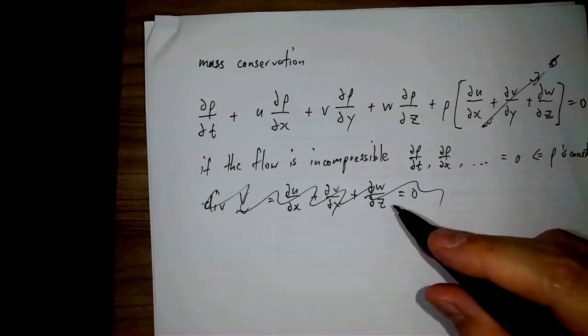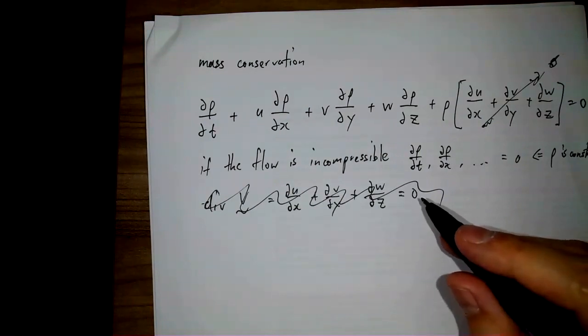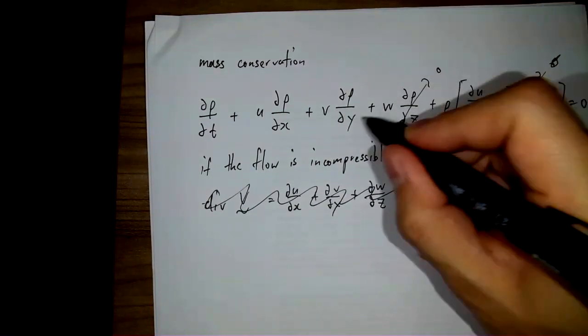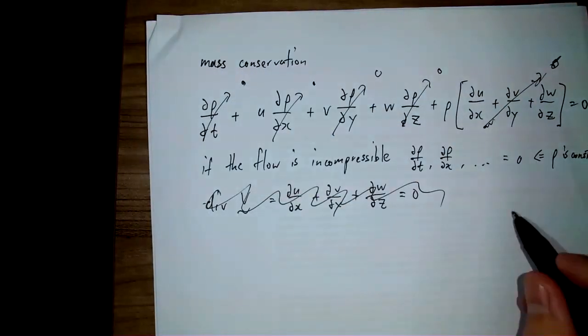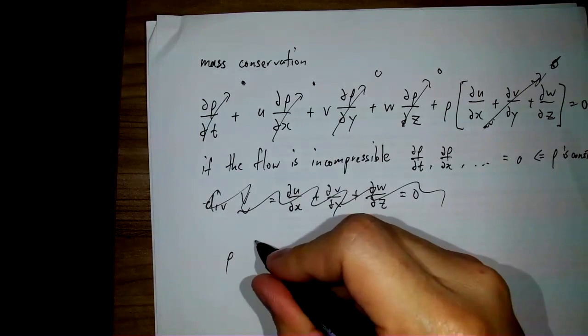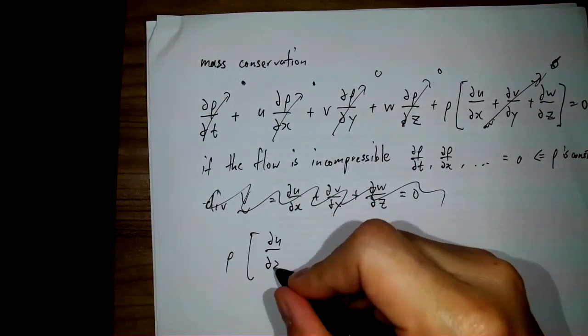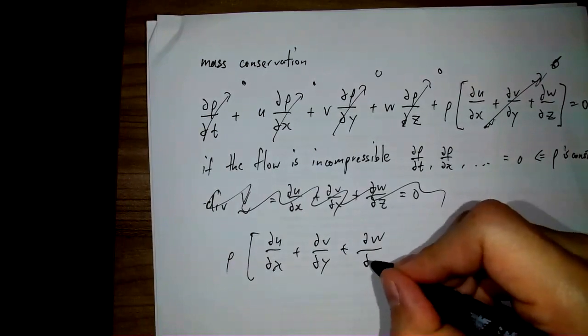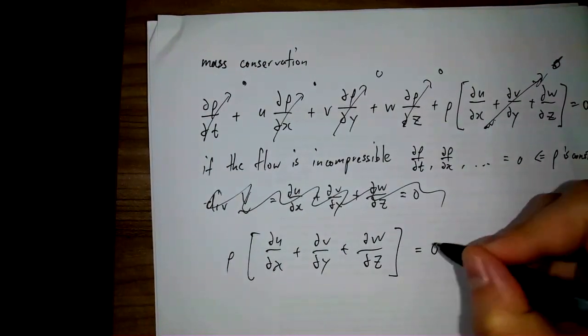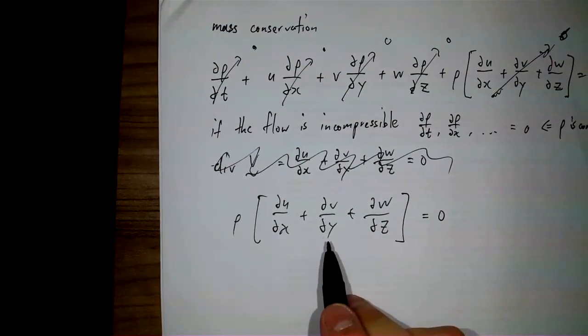Once we know this goes to 0, we are only left with rho times du dx plus dv dy plus dw dz equals 0. So that's how we derive that the divergence of the fluid equals 0.